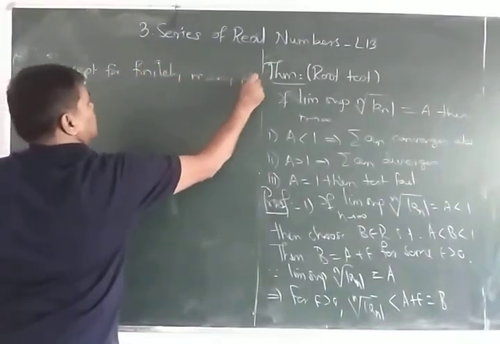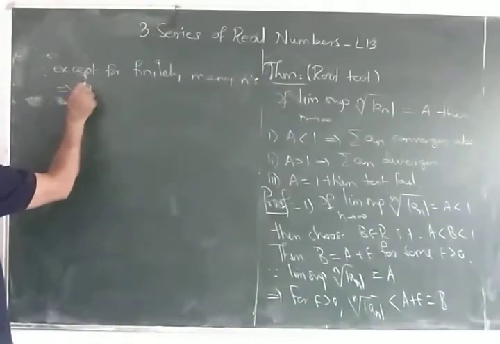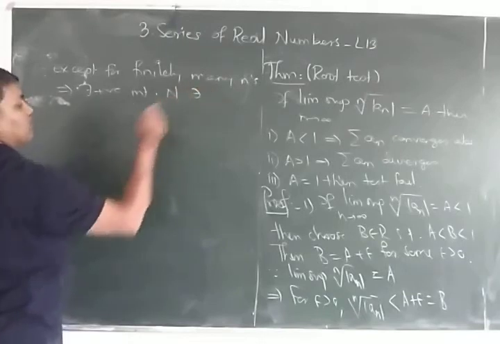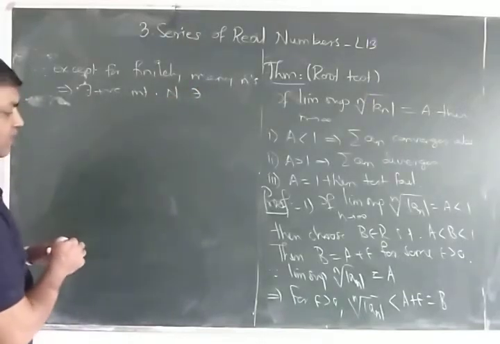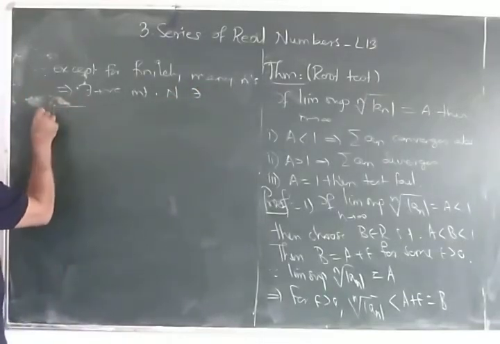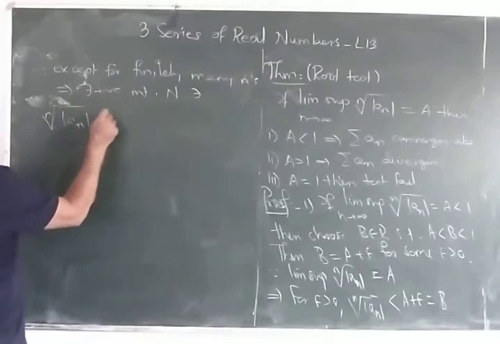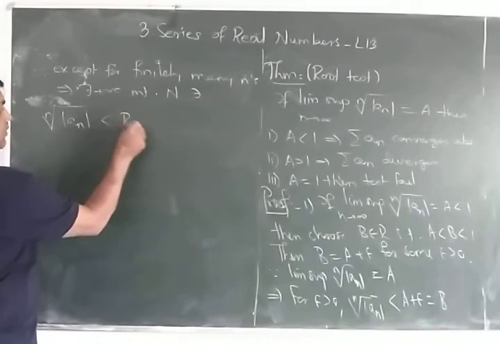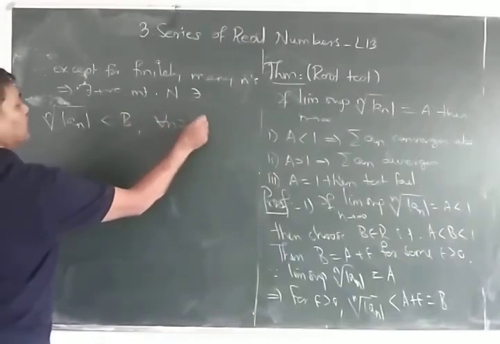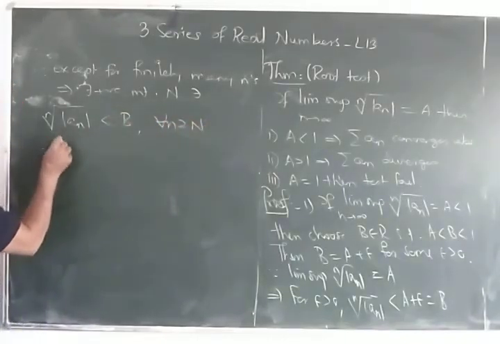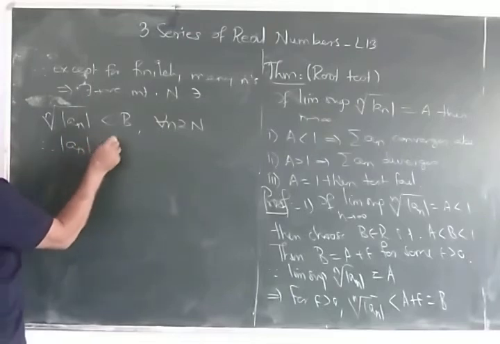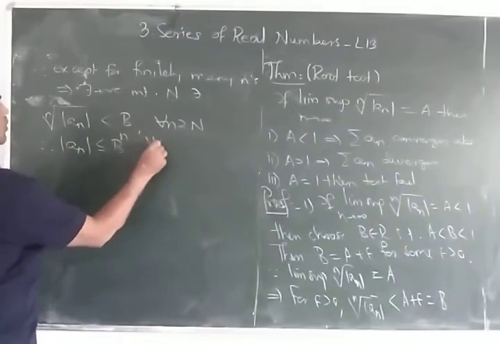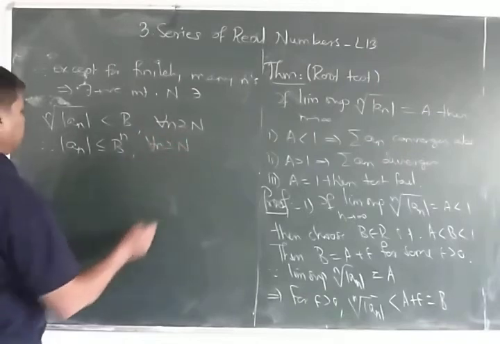This implies there exists a positive integer N such that the nth root of mod a_n is less than b for every n greater or equal to N, and therefore mod a_n is less or equal to b raised to n for every n greater or equal to N.